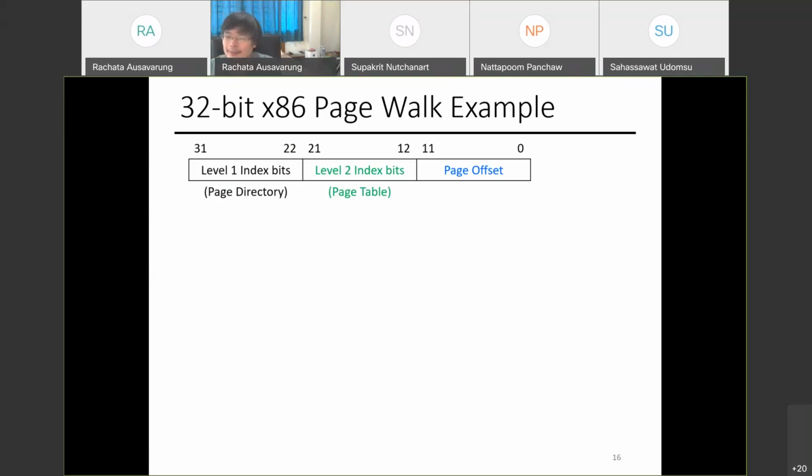All right. So over here from this example, let's say I have 10 bits for level 1 and level 2. How many entries can I have for the level 1 page table?